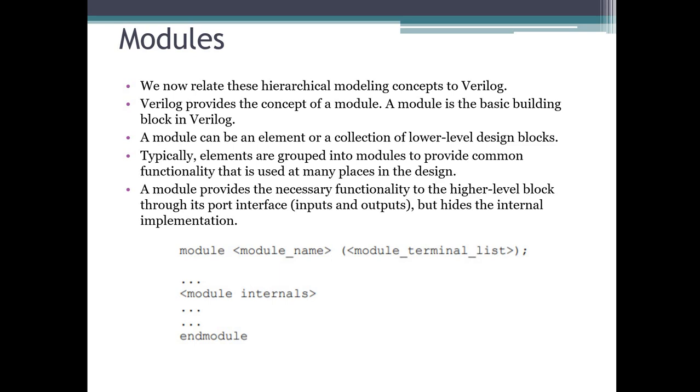Those things are known as a terminal list. So you can write those things here. And then module internals, we are going to discuss later, but for the time being you can understand that you are going to place some logic here. And in the last we are going to close this module, and that is also a keyword, endmodule, so you can place endmodule here.